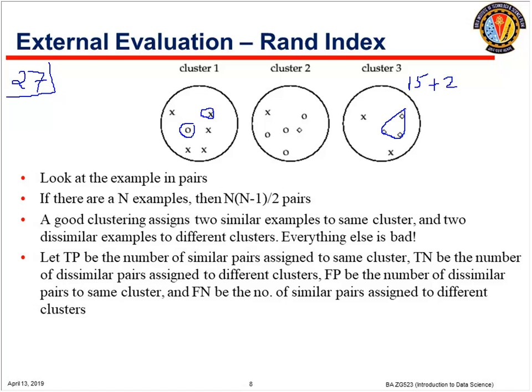So first cluster has O, the third cluster has only diamonds, no O. So that means all 5 are available. So 15 plus 5, so there are a total of 20 dissimilar pairs you can form from cluster 1 and cluster 3.